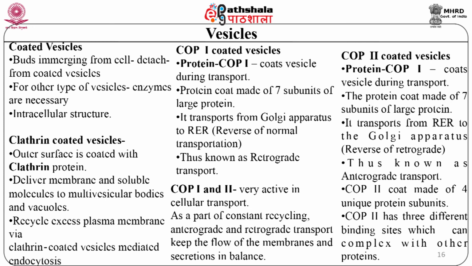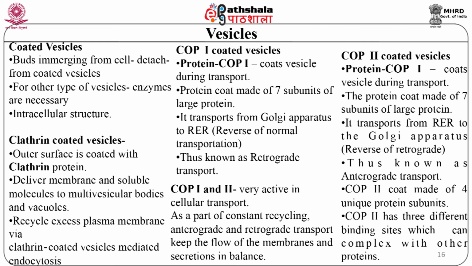COP2. It is very similar to COP1. In fact, it transports proteins. However, COP2 transports from the rough endoplasmic reticulum to the Golgi apparatus and therefore it is known as anterograde transport. COP2 has a coat that is made up of 4 unique protein subunits.